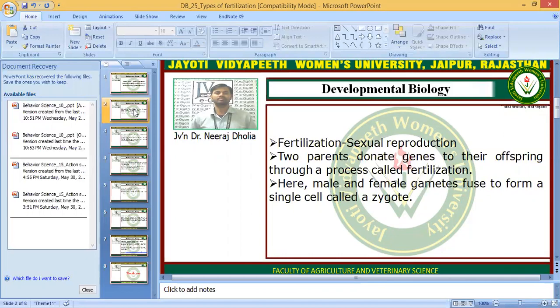The male and female gametes, or sex cells, fuse to form a single cell called a zygote. Then mitotic divisions occur in the zygote, and it develops into the whole animal.